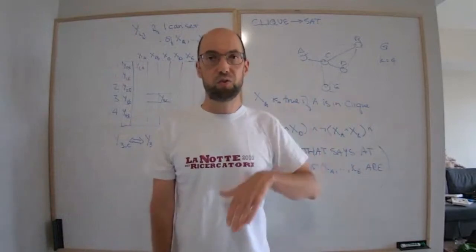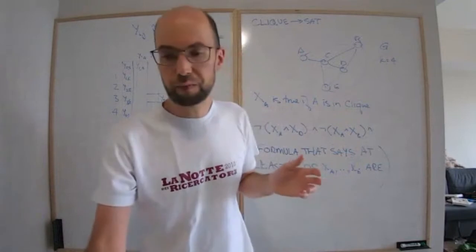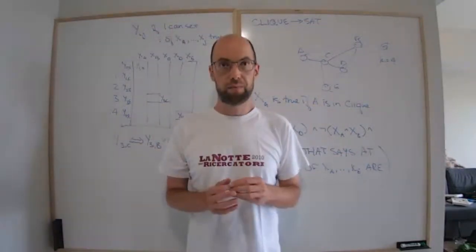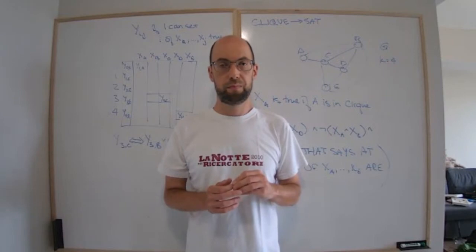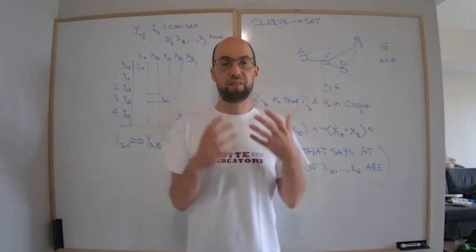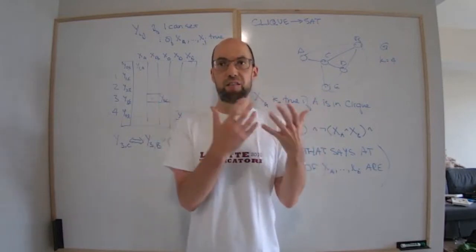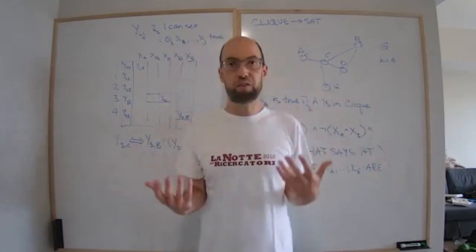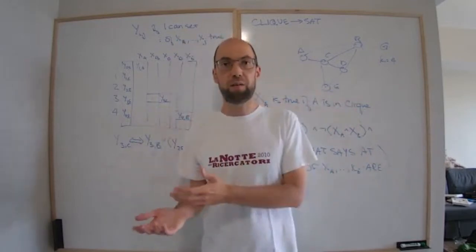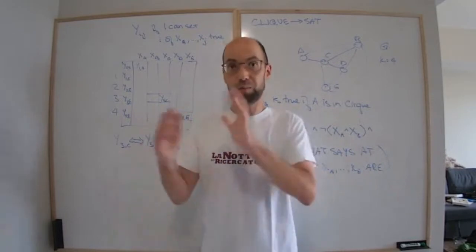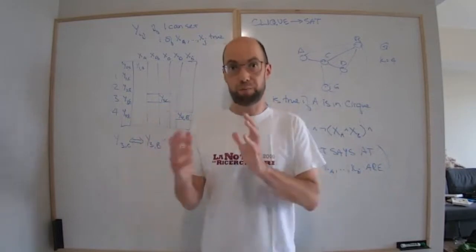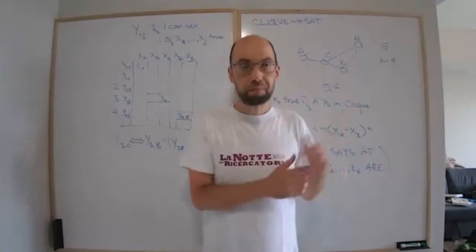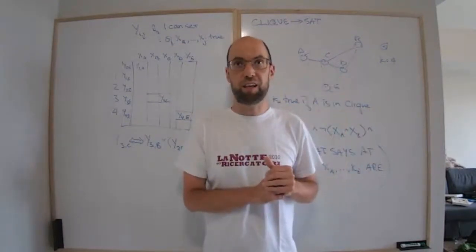So we can reduce clique to SAT. Basically, given an instance of clique, a graph and an integer k, we can write, in polynomial time, a propositional formula that is satisfiable if and only if the graph has a clique of size k.